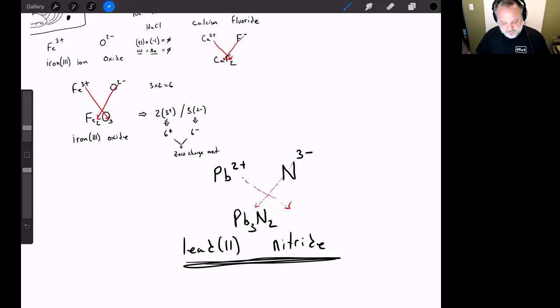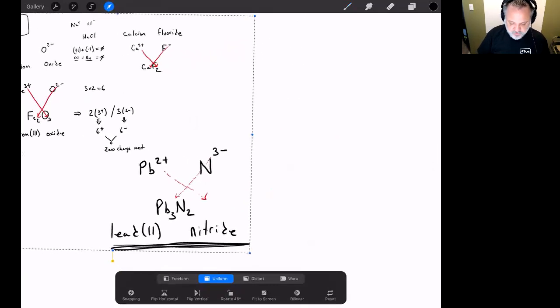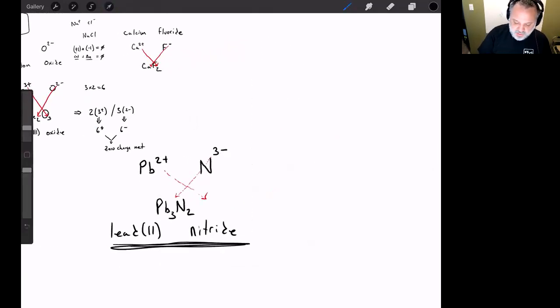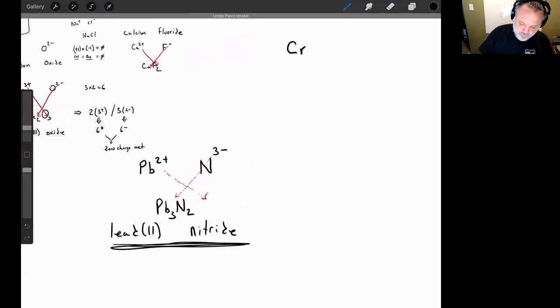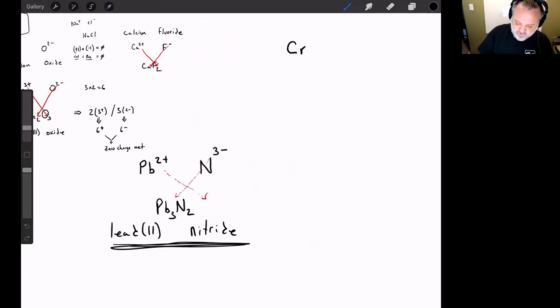But let's do an example where I take a formula and turn it into a name. How about this? What's the name of this compound?